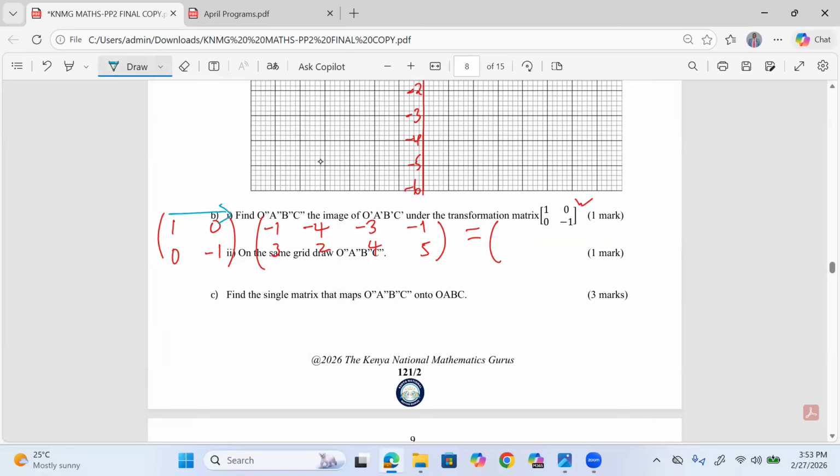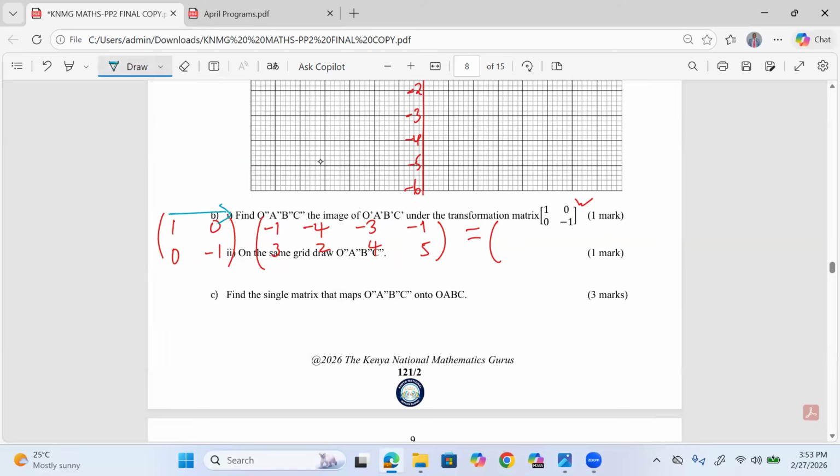So we start with the first column. So 1 by -1, then 0 by 3, and you add. 1 by -1, we get -1. And when you multiply 0 and 3, you get a 0. So when you add, you still get the -1. We go to the next column, whereby it should be 1 by -4, we get -4. 0 by 2, you get a 0. And you add, you get -4.